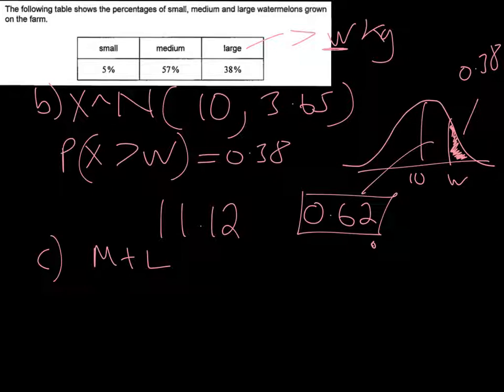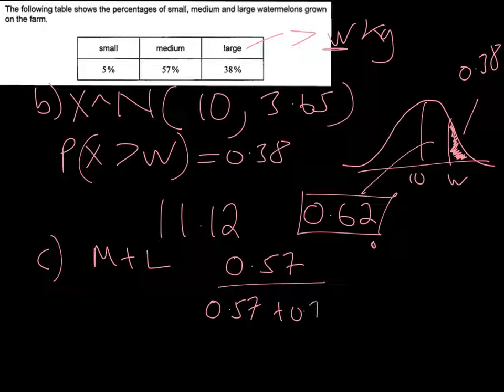For this, you need the probability of getting a medium, which we said was 0.57, divided by the probability of getting a medium or large, which was the total, and if we solve that, we end up with 0.6.